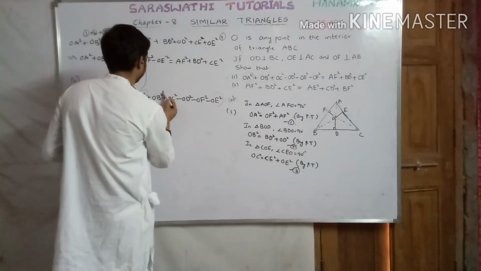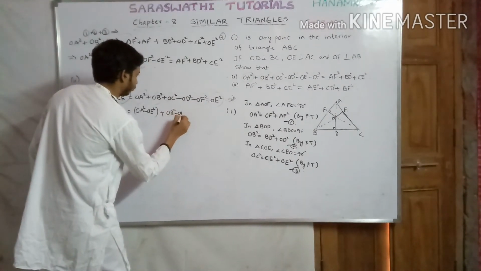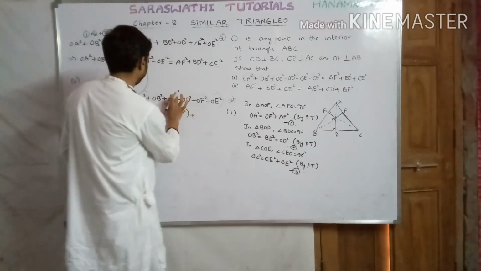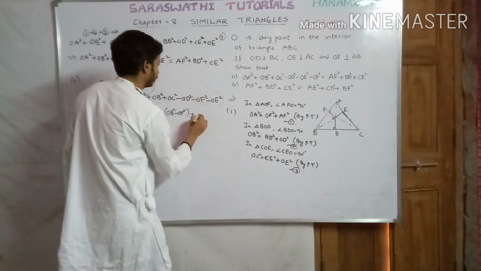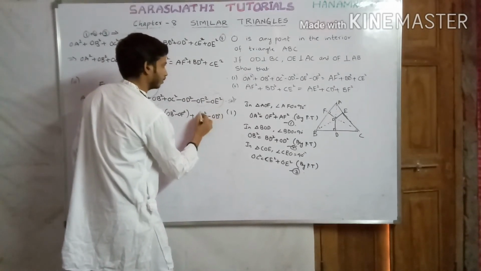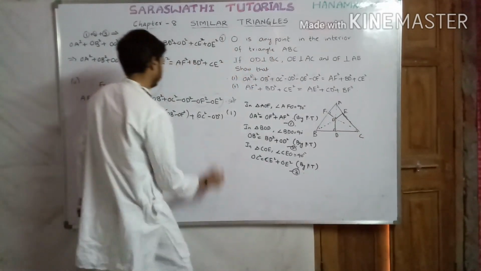Similarly, OC square minus OD square we can write as CD square.